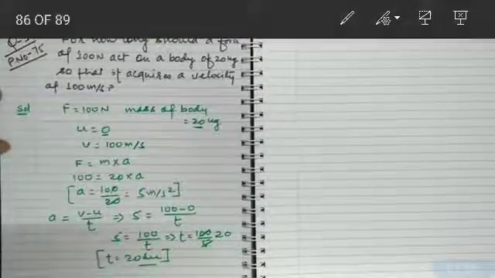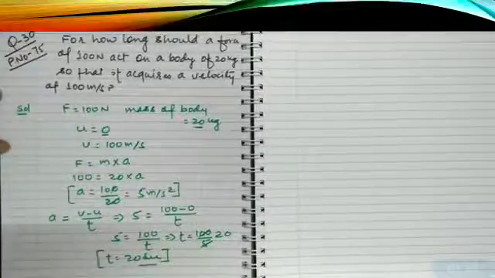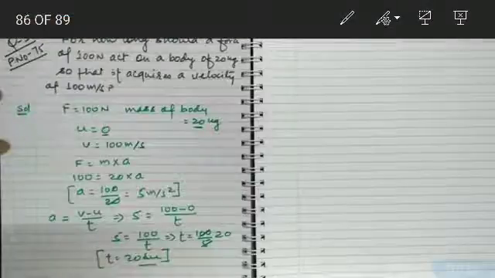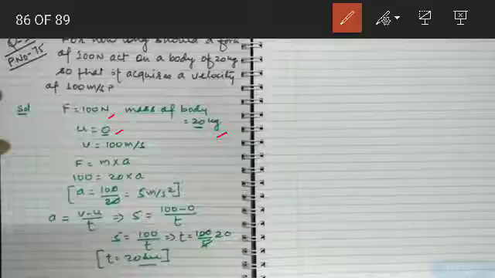Next we have, for how long should a force of 100 newtons act on a body of 20 kilograms so that it acquires a velocity of 100 meter per second. So here force is given, mass is given, initial velocity is taken to be 0 and final velocity is 100 meter per second.